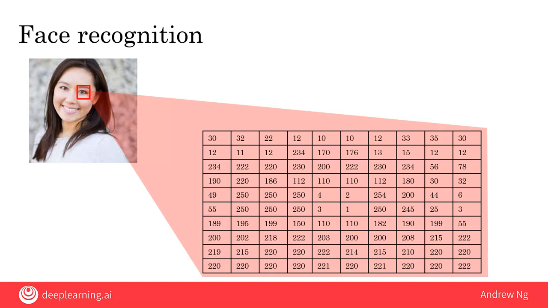If it's a color image, then each pixel would actually have 3 numbers corresponding to how bright are the red, green, and blue elements of that pixel. So the neural network's job is to take as input a lot of numbers like these and tell you the name of the person in the picture.